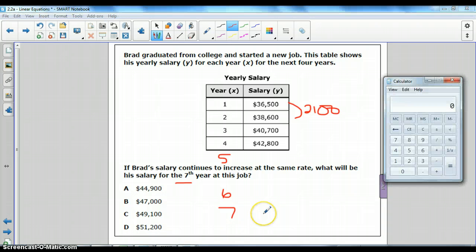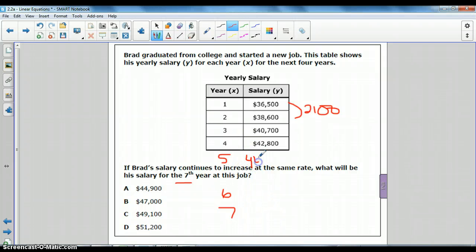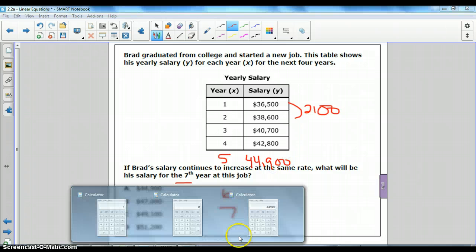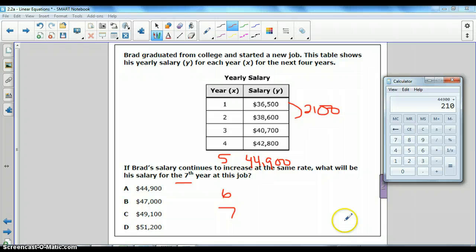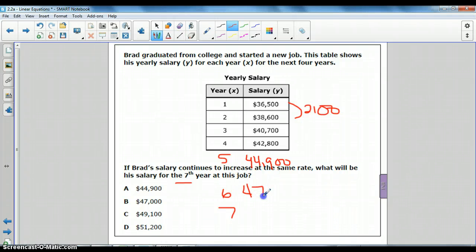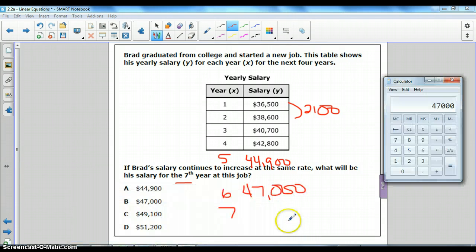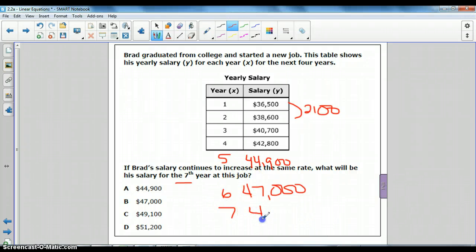So 42,800 plus another 2,100 raise, now I'll be making 44,900. Then he gets another raise, now he's making 47,000. And then one more raise to get where we need, and that's 49,100, which would be C.